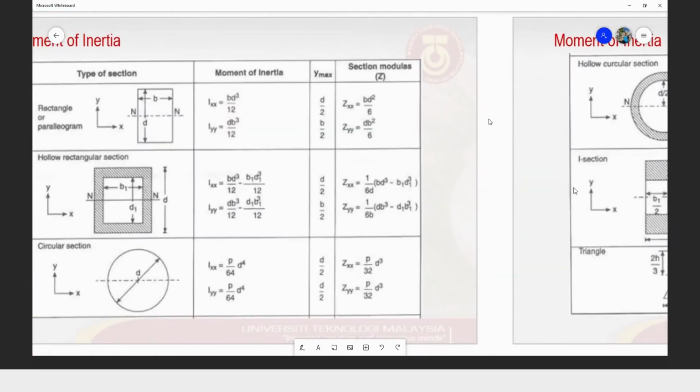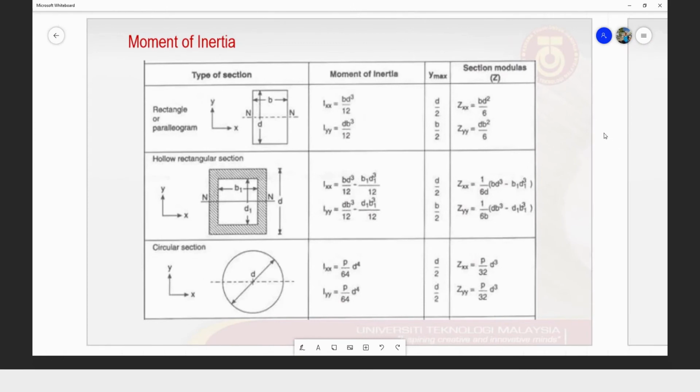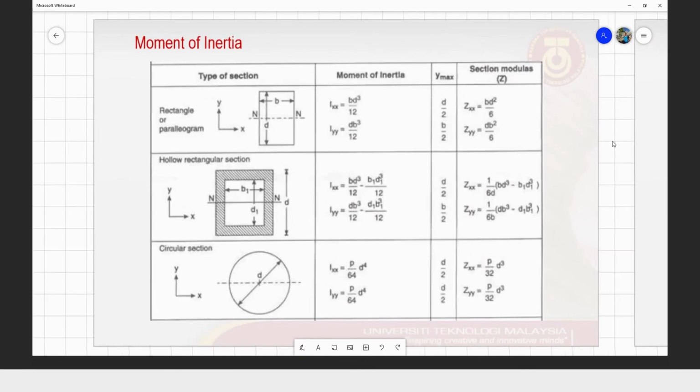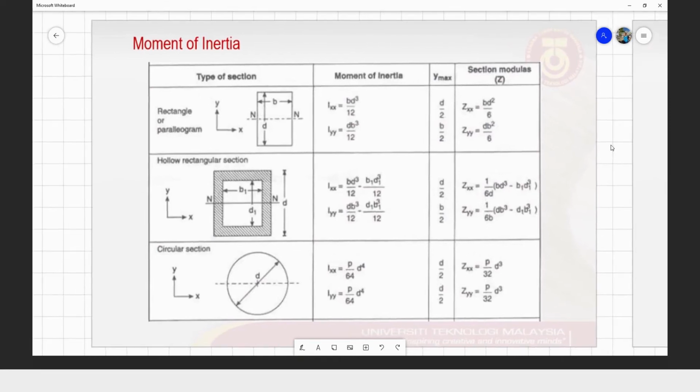Alright, this is also an improvement to the slide. Kalau dulu-dulu benda ni tak ada, but I put here the information of the moment of inertia, just to refresh all of you, that when we are talking about beams, then we have to consider its moment of inertia.